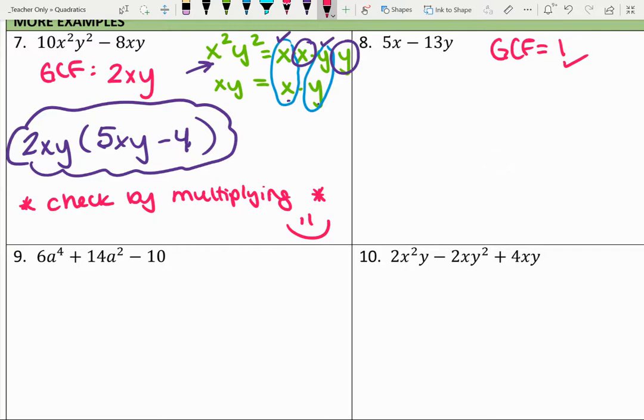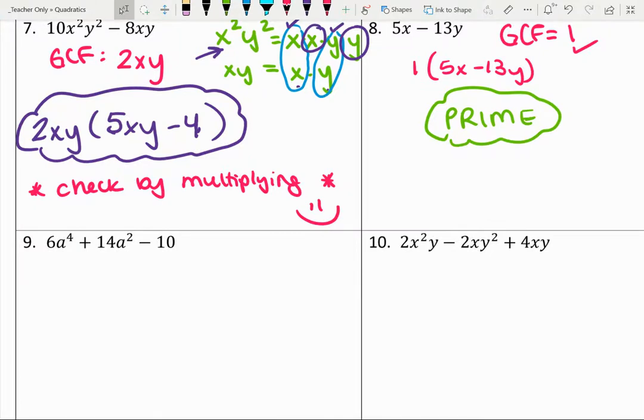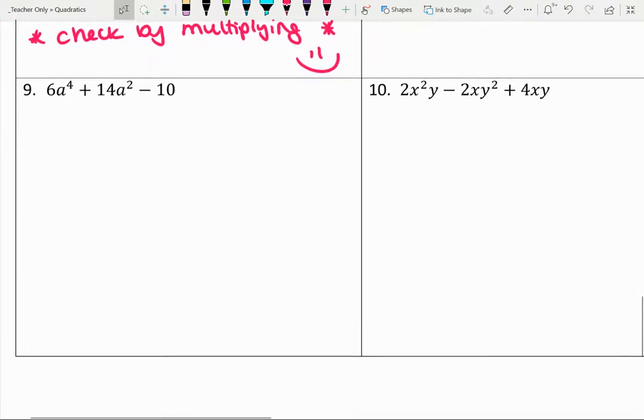Now, what happens if I factor out a 1? Well, my remainder doesn't change, right? I need to multiply by 5x and -13y to get back to my original. So I could actually call this one prime. This polynomial cannot be factored any further, right? It's done, it's prime. So remember, that is a possible outcome here.